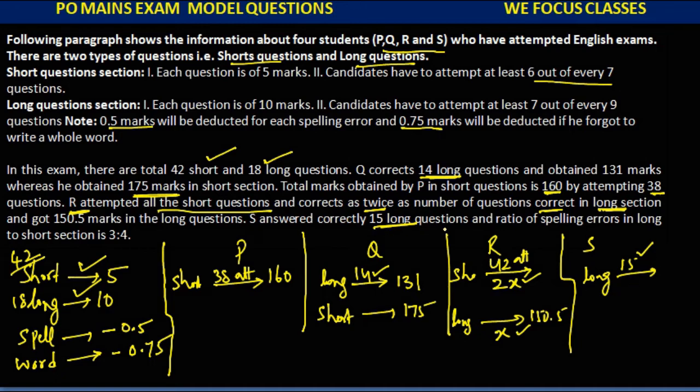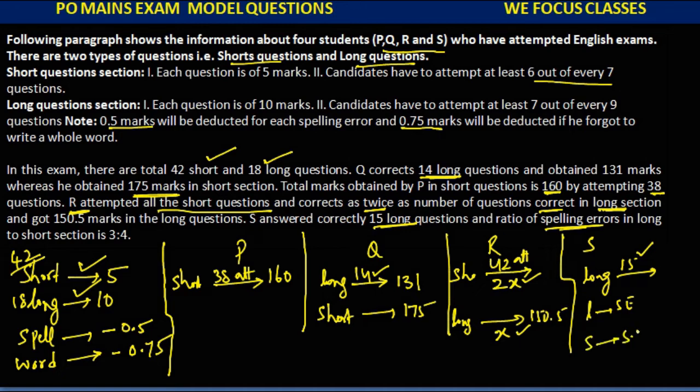Okay. And next some important information, it is the ratio of spelling errors. We read that there are two types of errors, one is spelling error, one is word error. So regarding spelling errors, the ratio is given. The ratio of spelling errors in long to short. In the long, what is the spelling error he did, and what is it in the short?